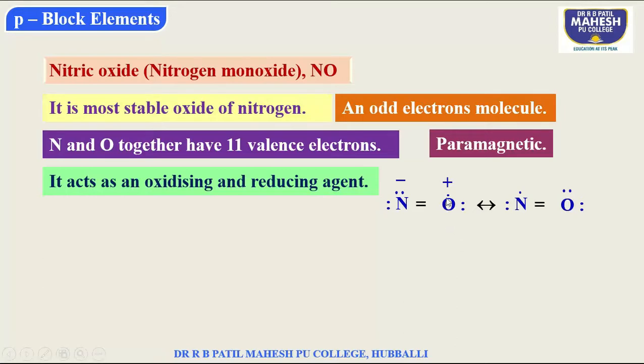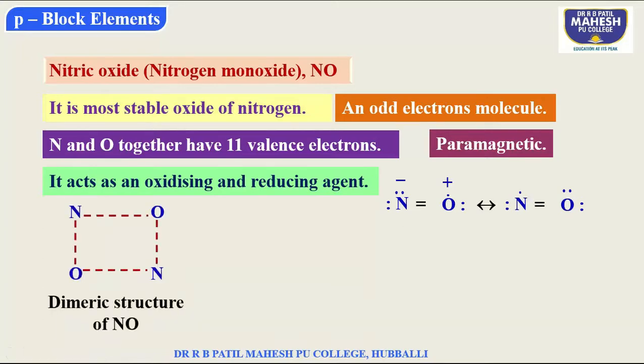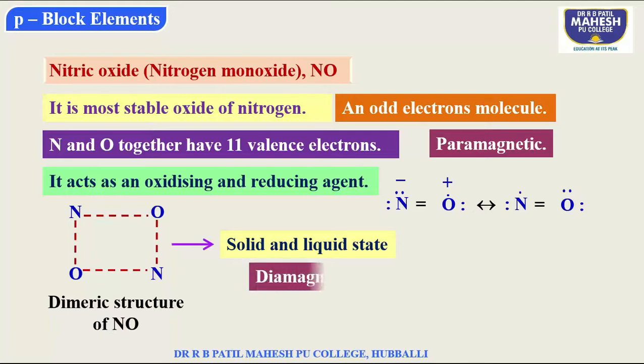Here you can see the presence of one unpaired electron, so it is an odd electron system. Because of the presence of one unpaired electron, nitrogen monoxide has a tendency to undergo dimerization, and the dimeric form is diamagnetic in nature. This dimeric state exists in solid as well as in liquid state.